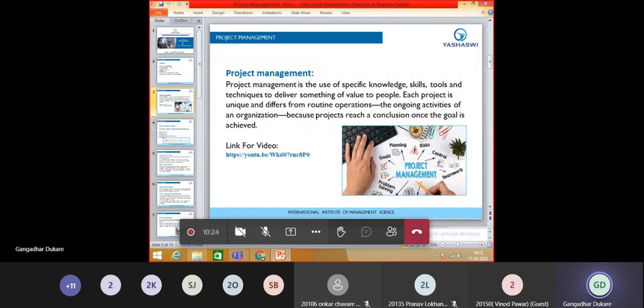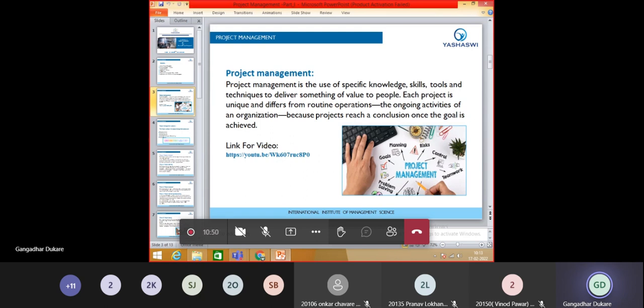Project management is nothing but the use of specific knowledge, skills, and tools or techniques to deliver something of value to people. Or it is the utilization of knowledge and skills converted into practical goals. The skill set is converted into practical applications. That is nothing but project management.